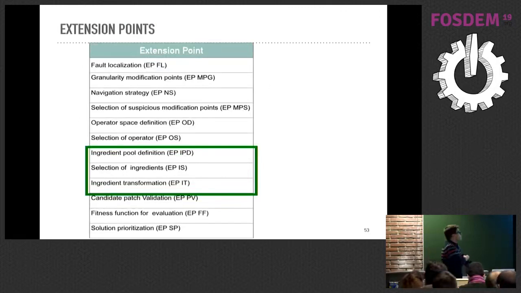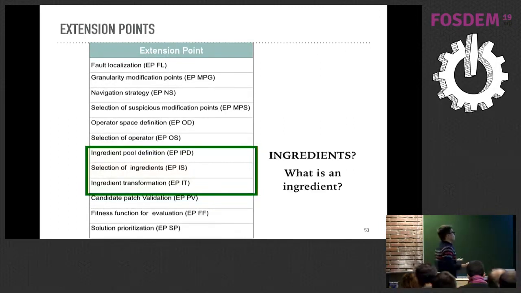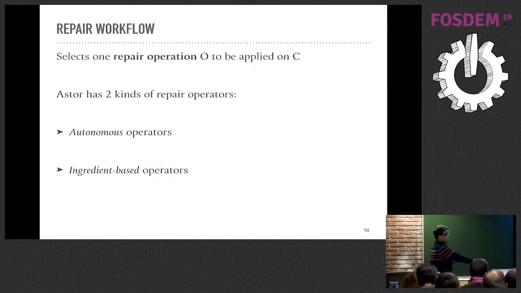Okay, finally we have some extension points that are related to ingredients. In that case, for instance, here, ingredient pool definition, selection of ingredients. So what is an ingredient in this context? Astor has two kinds of operators.